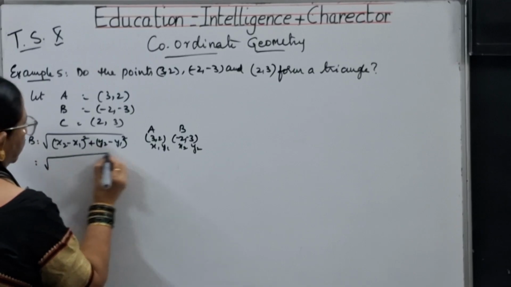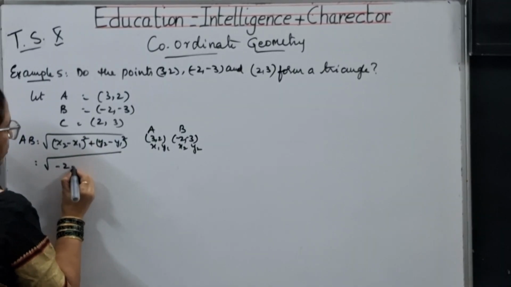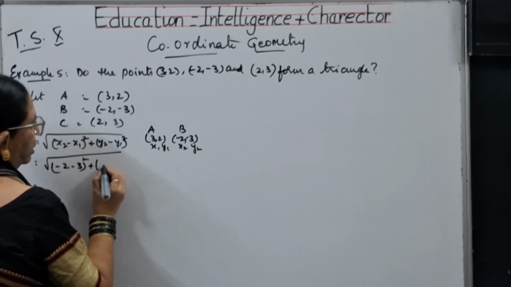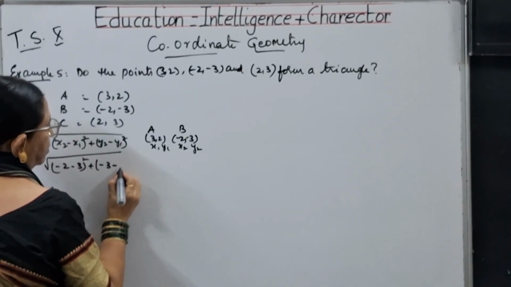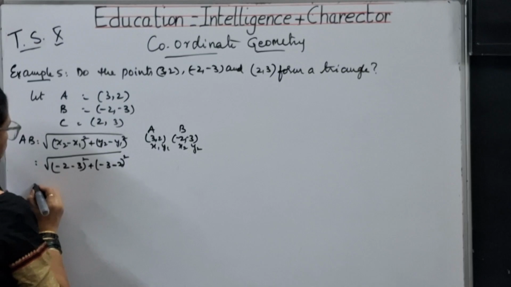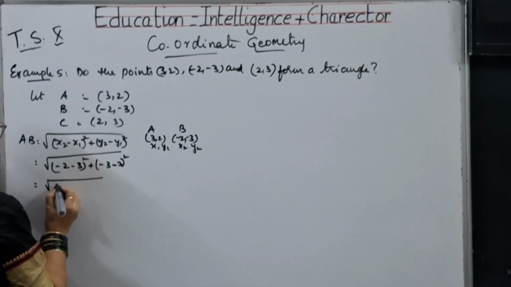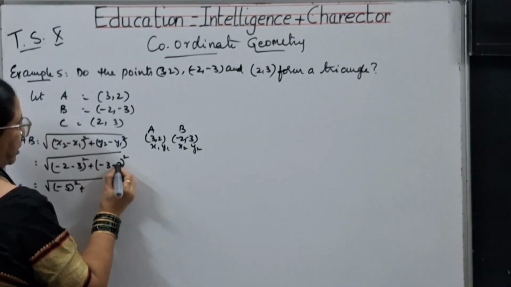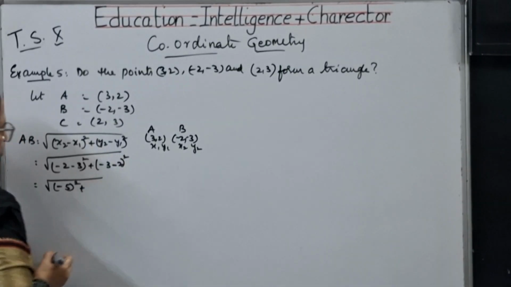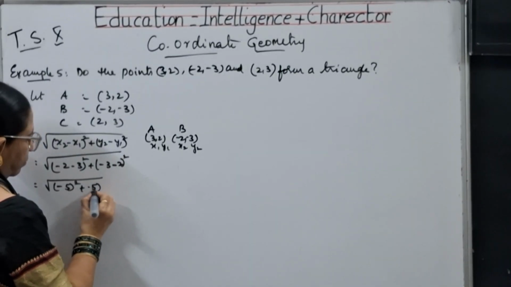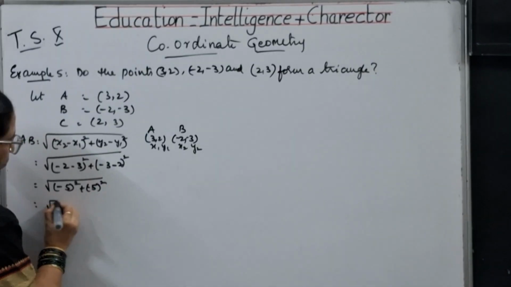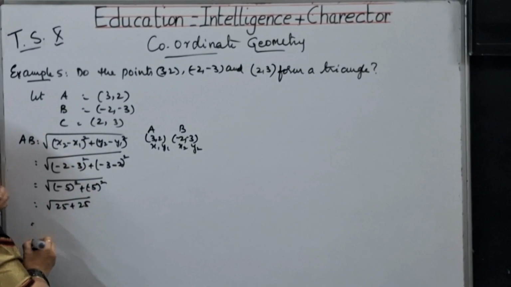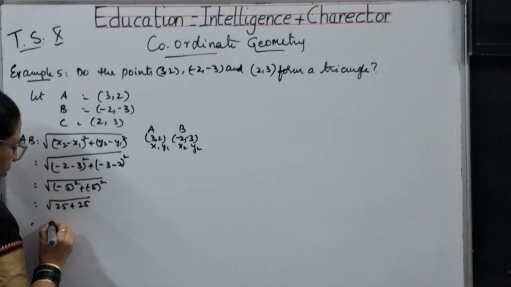So root of (-2 minus 3) whole square plus (-3 minus 2) whole square, that is root of (-5) whole square plus (-5) whole square, that is root of 25 plus 25, which is root of 50.